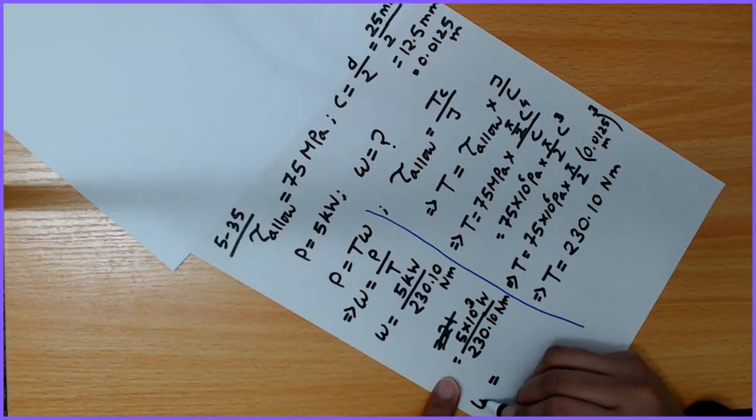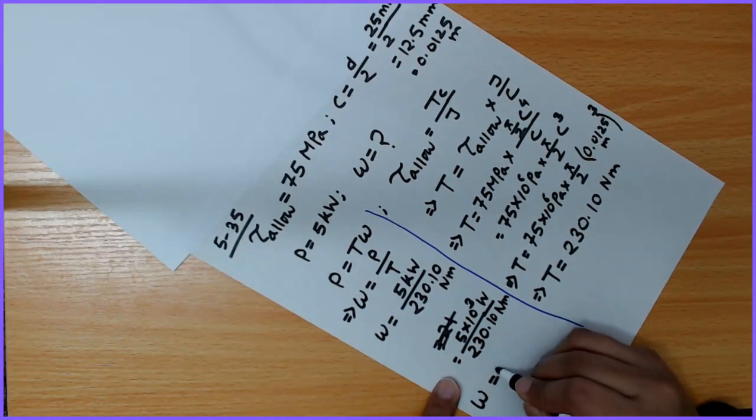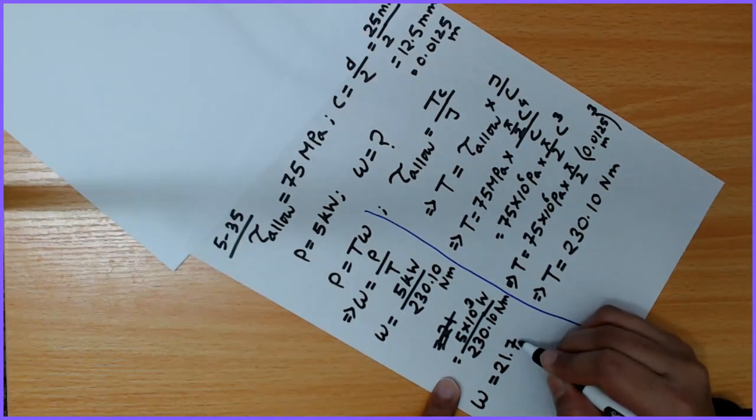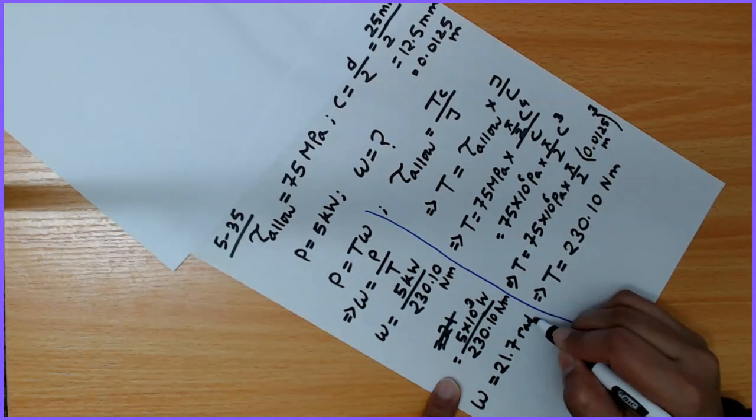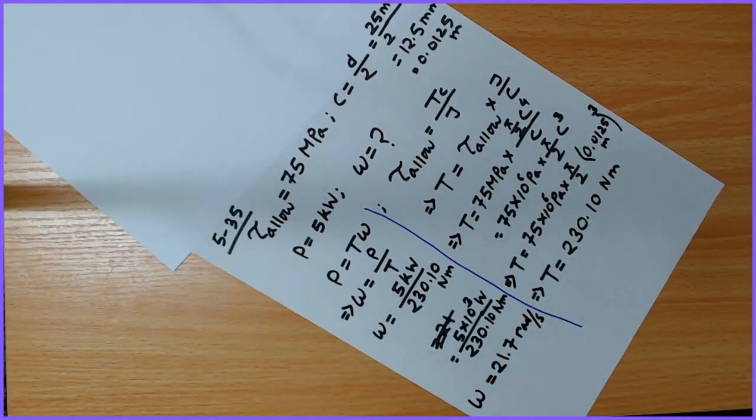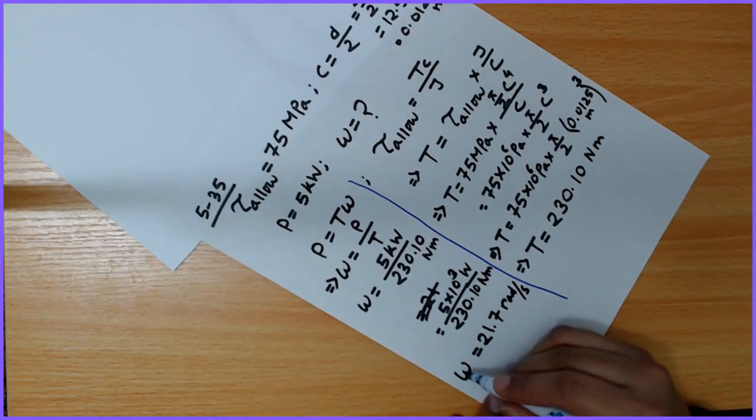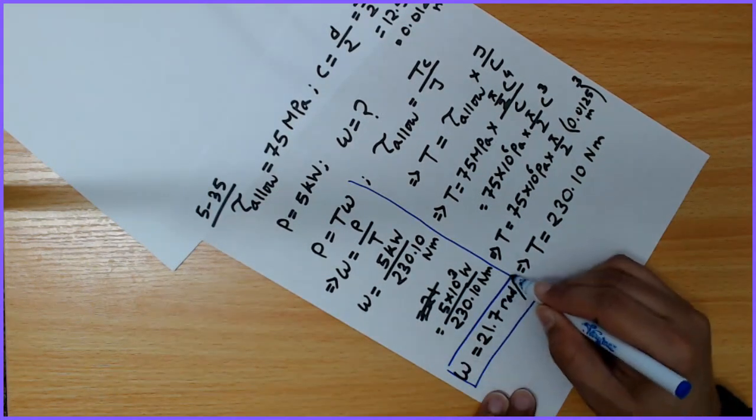So omega is equal to 21.7 radian per second. So this is the answer of problem number 535.